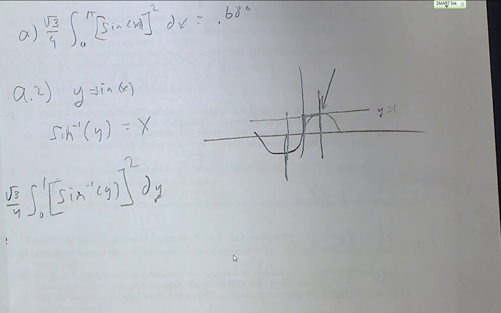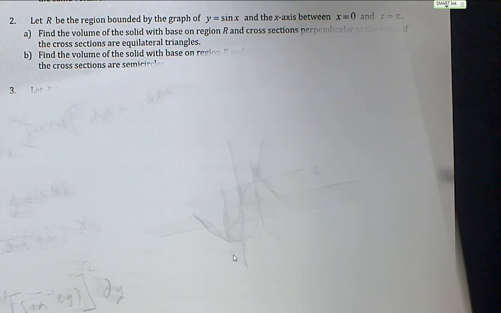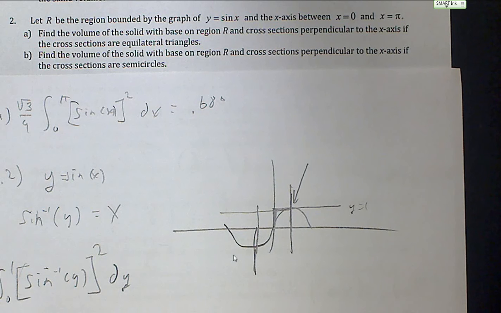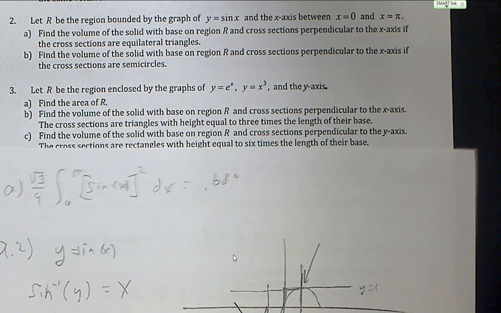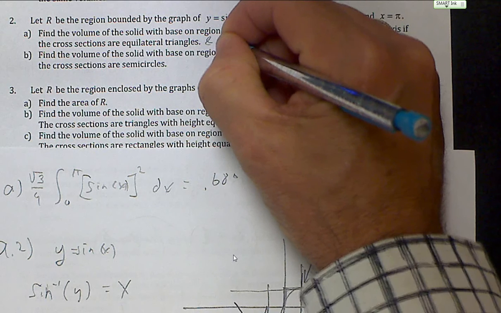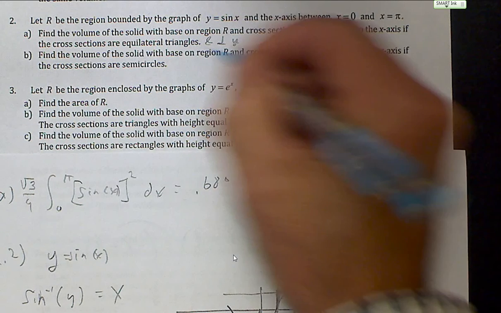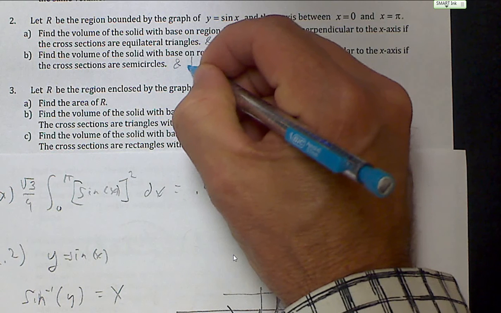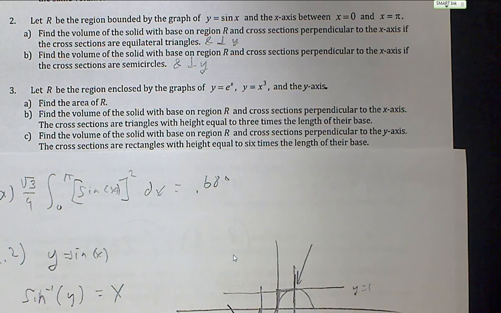All right, do part B. Part B across x, and then part B across the y. Let's just do it with the original bounds.